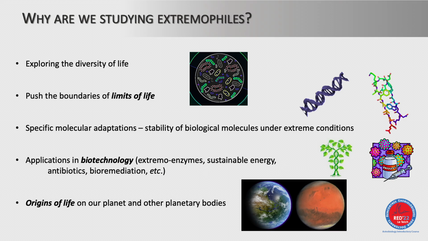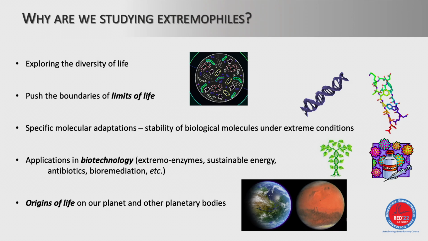You can also think about extremophiles for sustainable energy, because they can produce green hydrogen. Or some Streptomyces species can also produce some antibiotics that are really useful for the pharmaceutical industry.